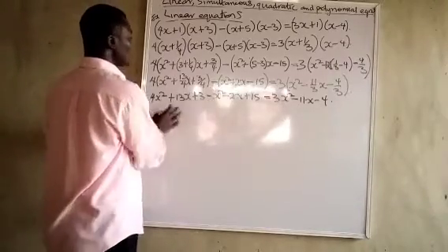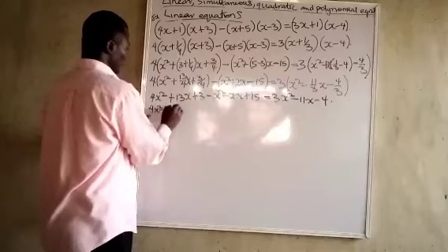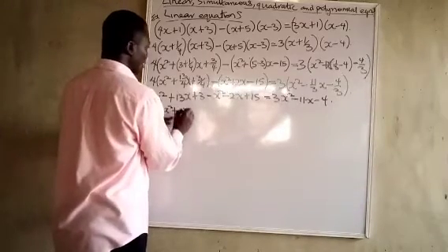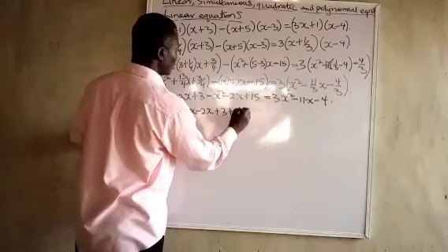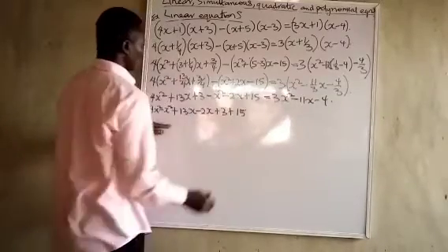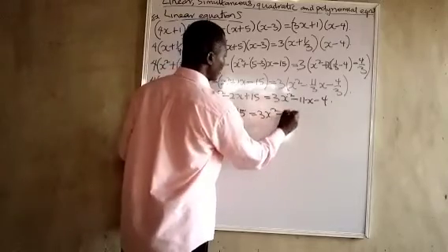4x squared minus, because these are the terms, I have to bring them together. So I have 4x squared minus x squared plus 13x minus 2x plus 3 plus 15 is equal to 3x squared minus 11x minus 4.